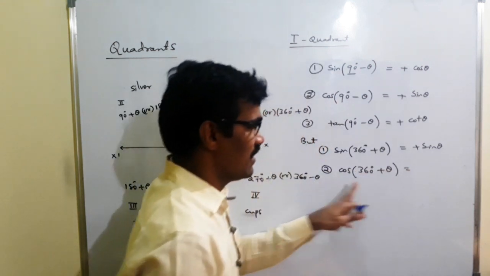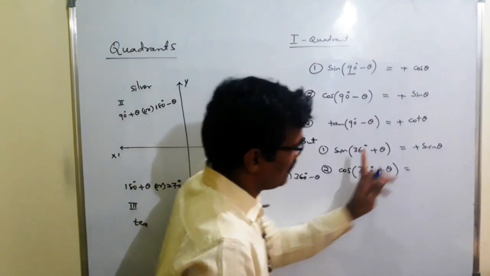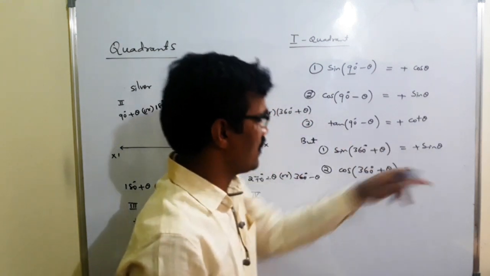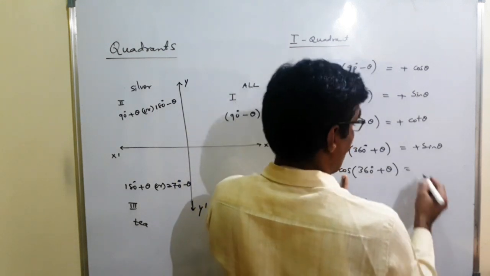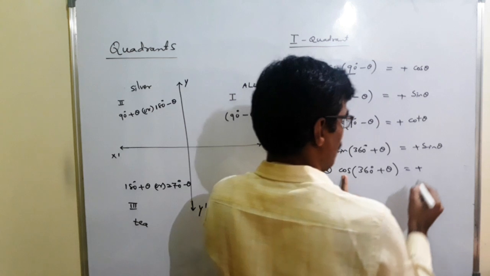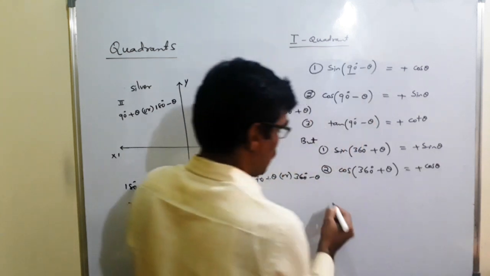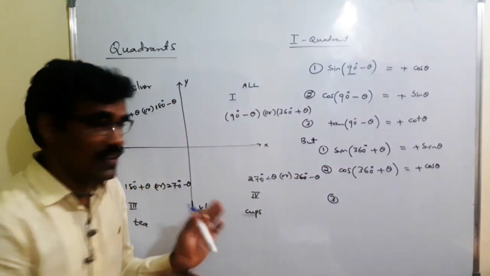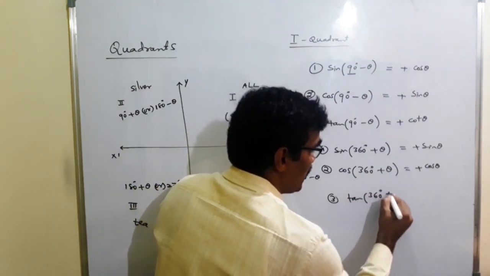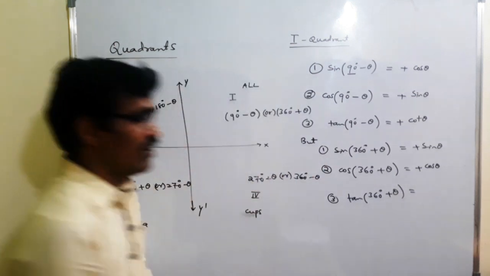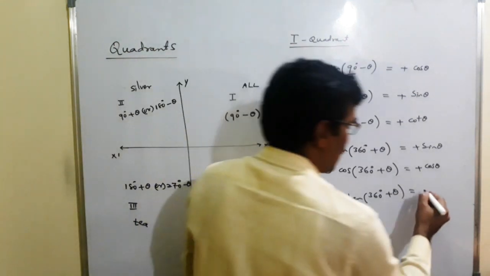Cos stays cos, and it is positive, so cos of 360 plus theta is equal to plus cos theta. Then third one is tan of 360 degrees plus theta is equal to plus tan theta.